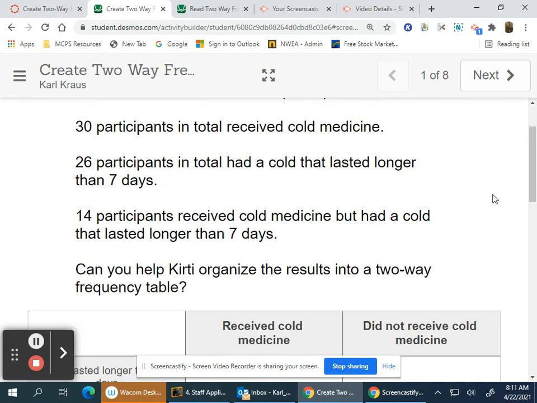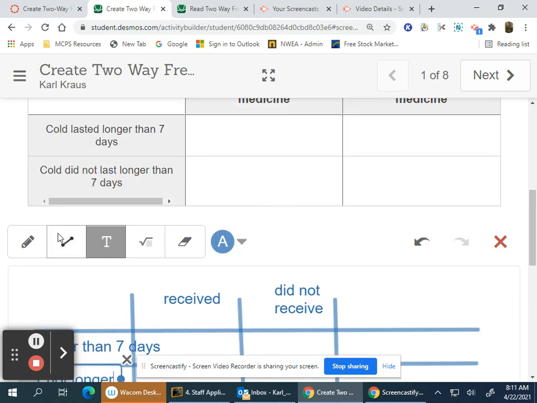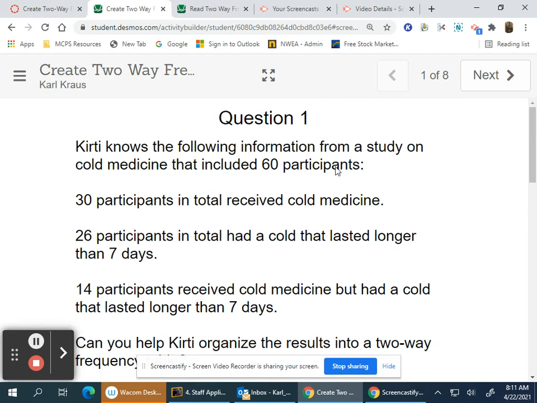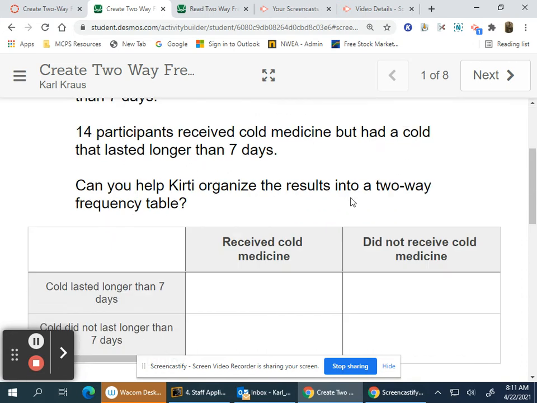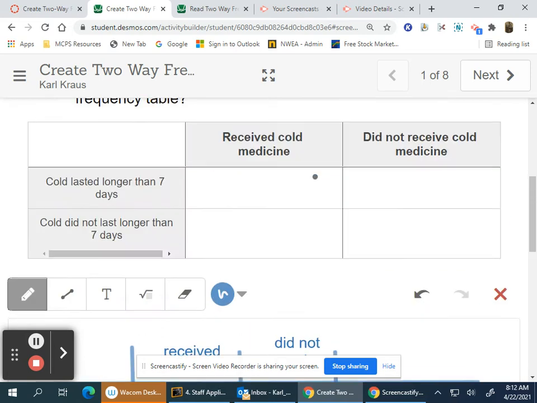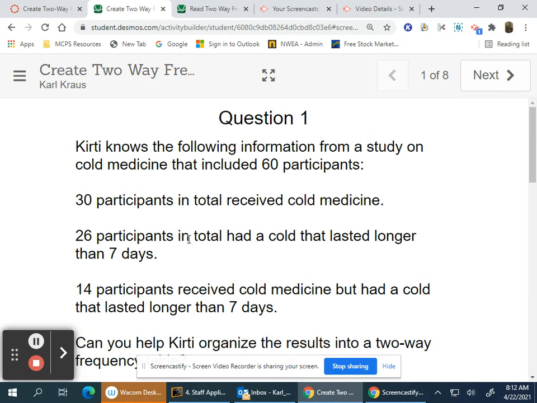All right, then we're going to fill in some numbers here. So 60 participants, I'm going to put that down here as the total of everything. So 60 goes in there. 30 participants in total received cold medicine, so that goes here. So the total of this column is 30. 26 participants in total had a cold that lasted longer than 7 days.